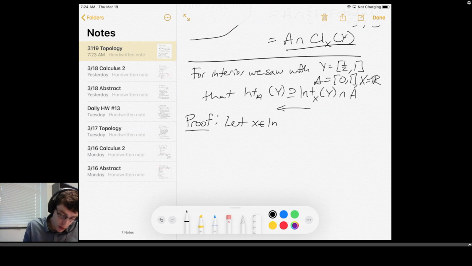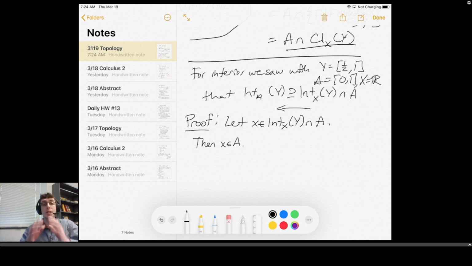Let X be in the interior of Y in X intersect A. Well, for sure, X is in A. And what does it mean to be in the interior? This is the 78 statement, basically.